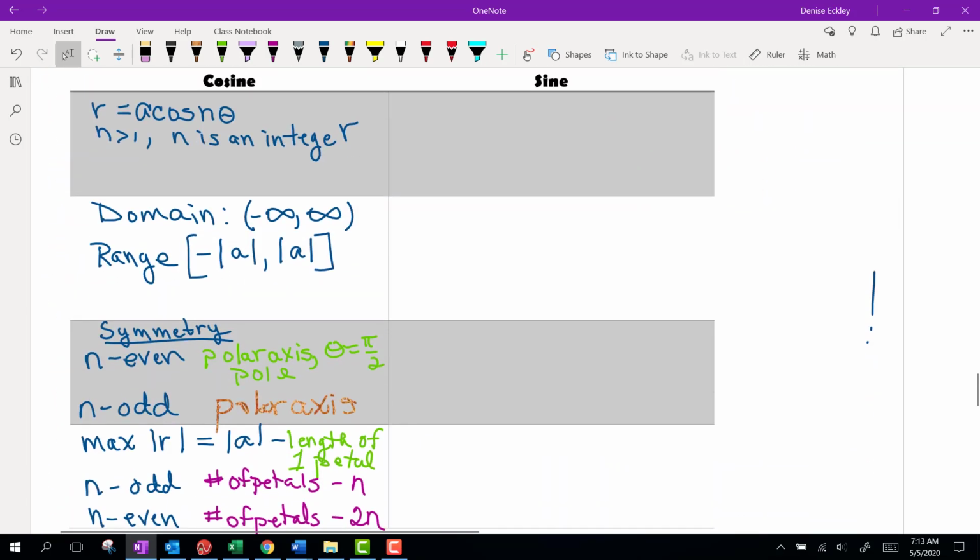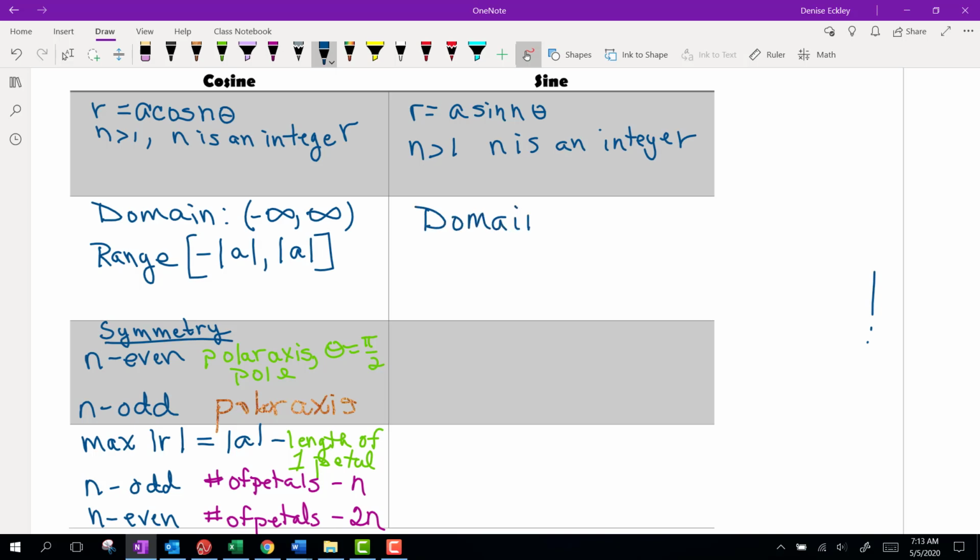So that's for cosine. Then for sine, our equation looks like this: r equals a sine n theta. And again, n is a positive integer. We're going to have the same domain and range, all real numbers because sine also exists everywhere, and we have the same range.